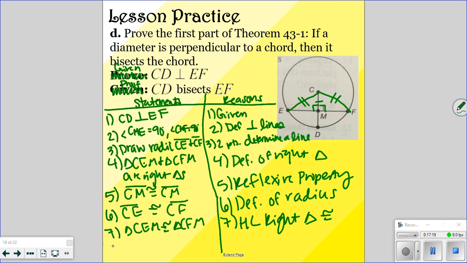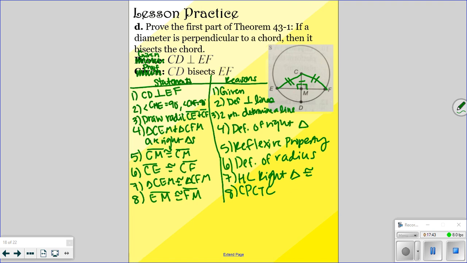And if they are congruent, that means that EM is going to have to be congruent to FM. And the reasoning there is CPCTC. And I'm realizing now that this should say EM.